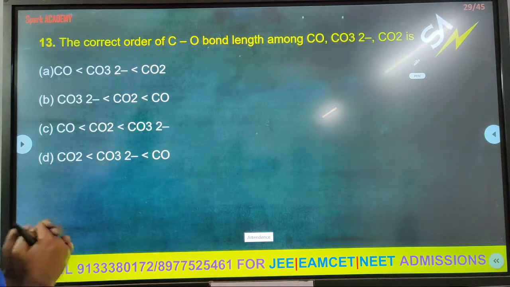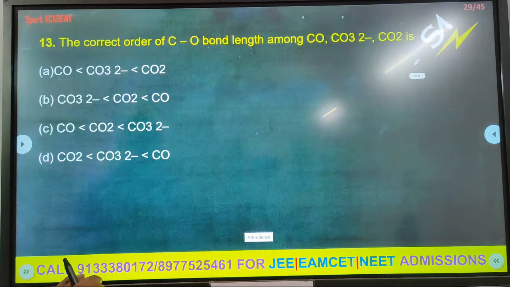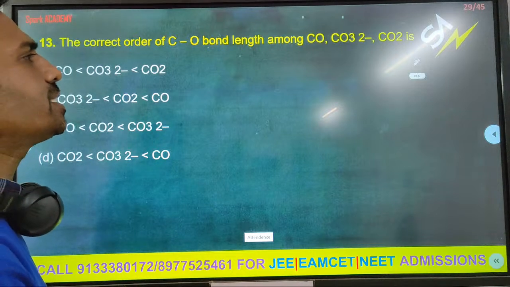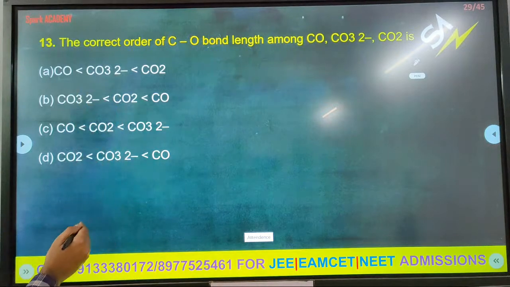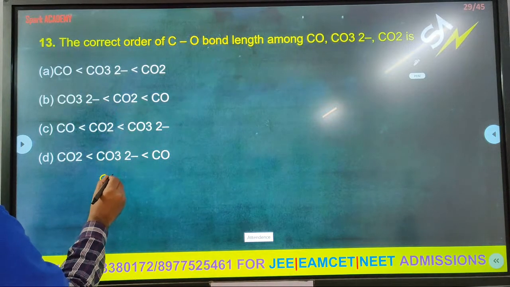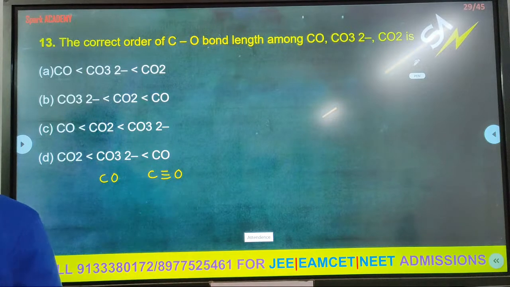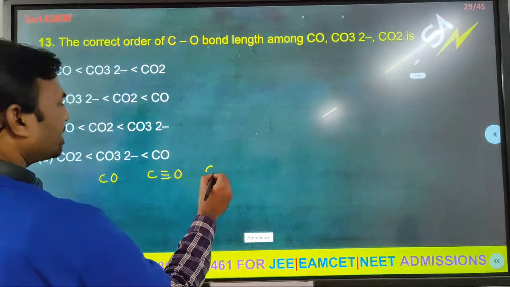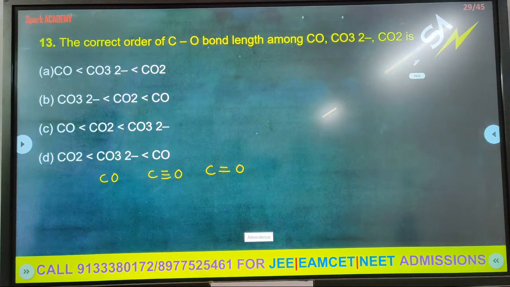Next, the correct order of the C-O bond length among CO, CO3 2 minus, CO2, question number 30. So we draw the structures now. CO has a carbon triple bond oxygen, and it also has a C double bond O; two canonical structures are possible.